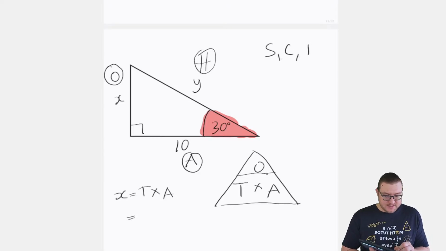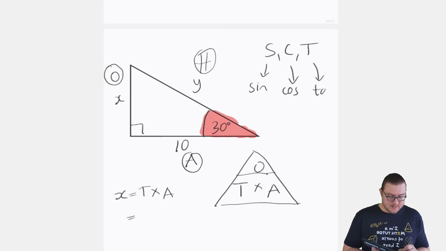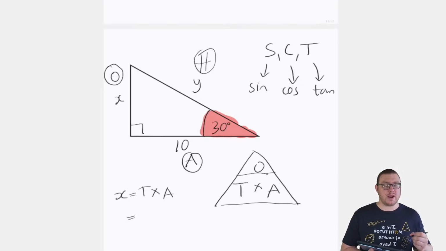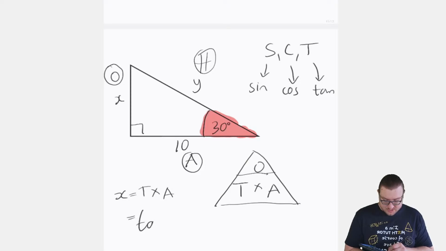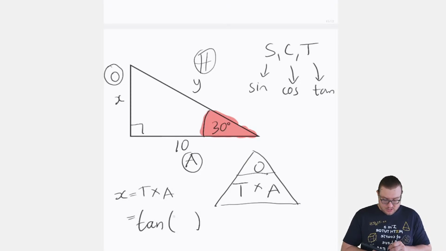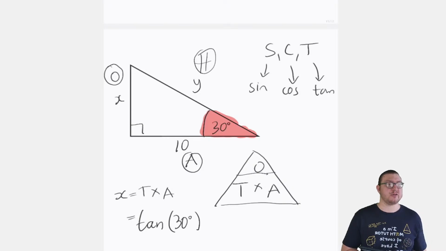S, c, and t are your functions sine, cosine, and tan. So if those are in your triangle, those are the ones that we want. And they always refer back to the angle. So here we have t, so we need to write tan. Well, and they always use the angle, so the angle here is 30 degrees. This is our t.